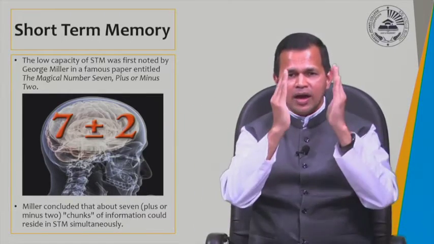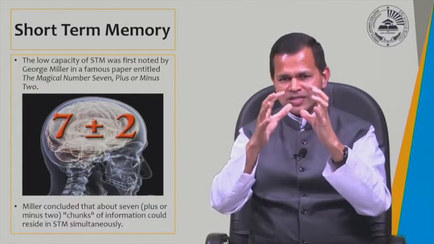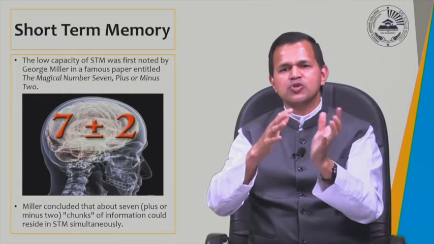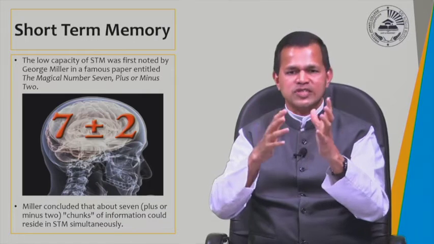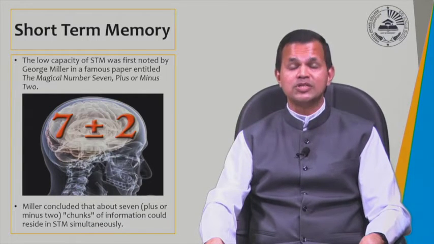A group of information that has a meaning, or is made together, is called a chunk. So this 7 plus or minus 2 is chunks of information that can reside in our short-term memory simultaneously.